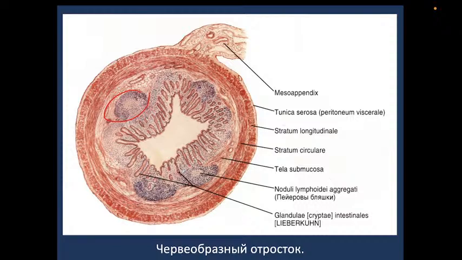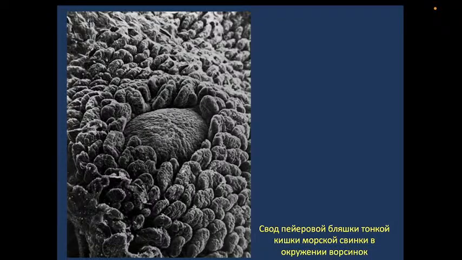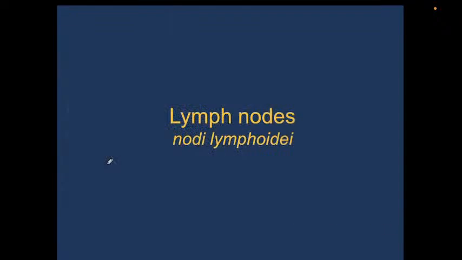It has lymphoid tissue. Here is a picture of an electron microscopic investigation, and we see these follicles, and around we find the epithelial processes of the intestinum tenue.